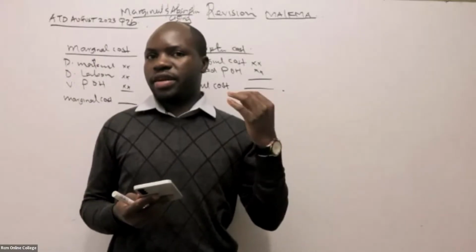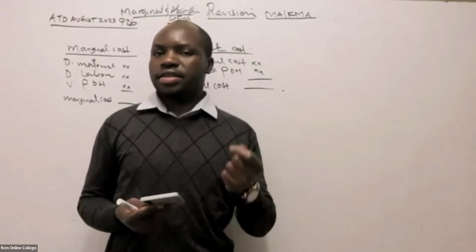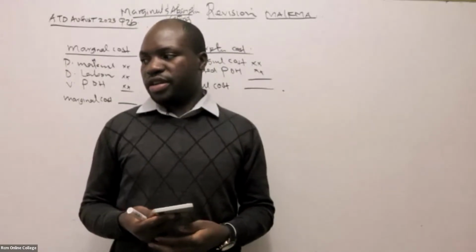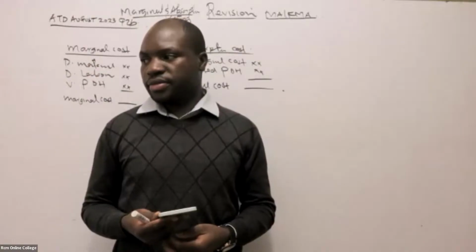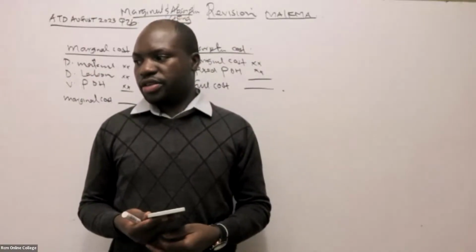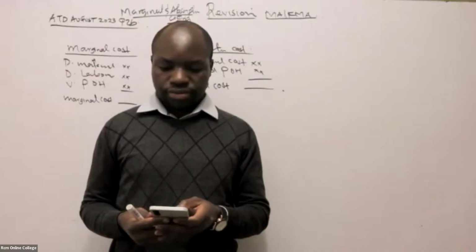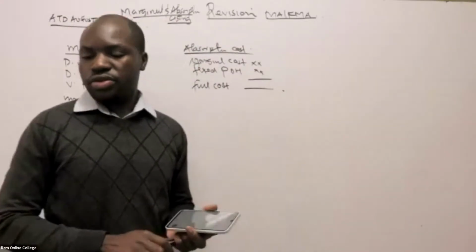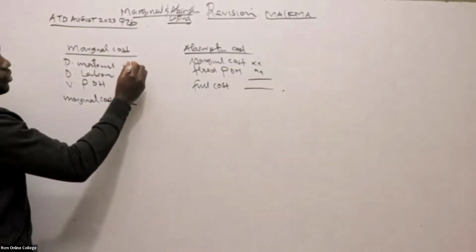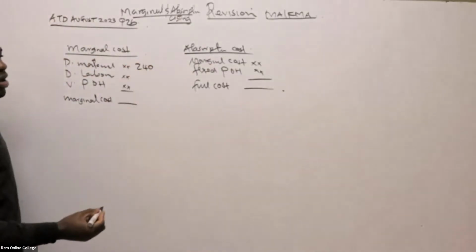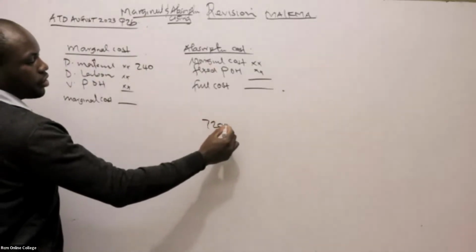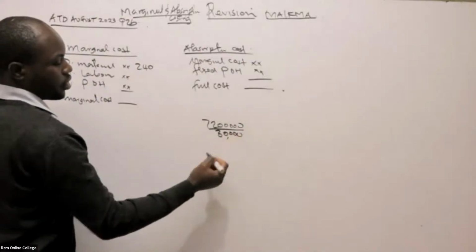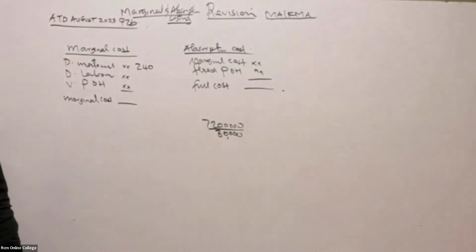So when you take that divided by 30,000, what is your material cost per unit? You're getting 240. How are you getting it? 7,200,000 divided by 30,000, which represents the units that were produced.